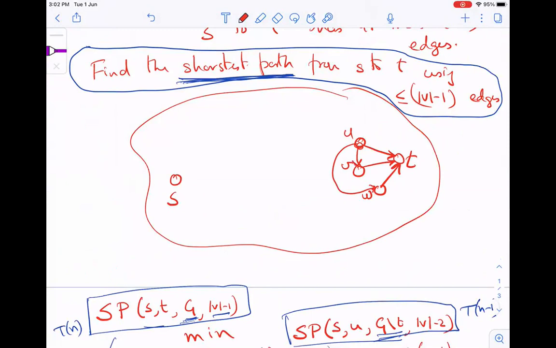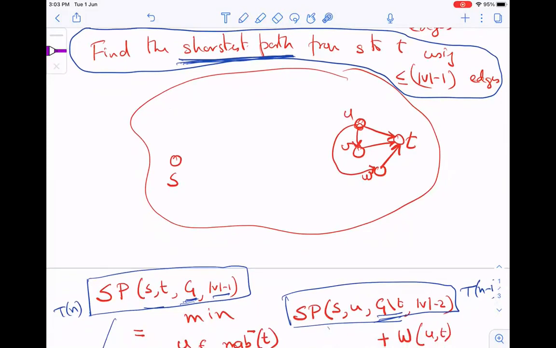So you see the edges, there are two more edges. In the first step, there is nothing that we can change, right? First step is fine. So when you are trying to solve this, you are calling this S U in G minus T, V minus U.